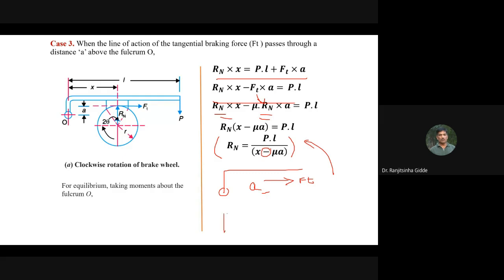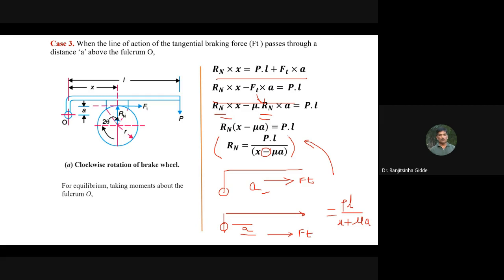Now previously we have seen this is the fulcrum and here Ft. Here the fulcrum was above, here the fulcrum is below. In that case, here PL upon x plus mu a, x plus mu a.